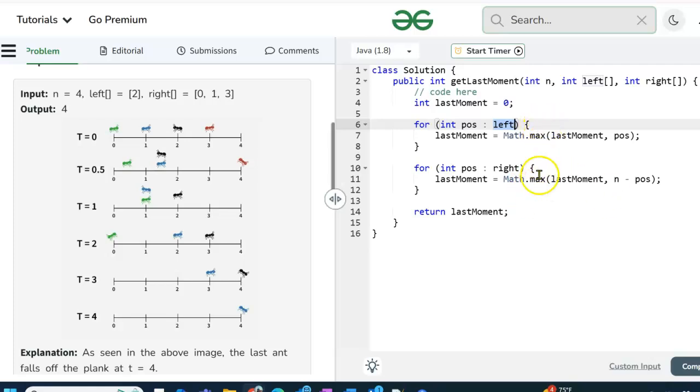Once we have those two, we take the max of each of these. In this case, it's going to be n minus 0. Not this ant, but an ant will fall off the plank, moving right, at t equals 4. And that is, in fact, the case down here.